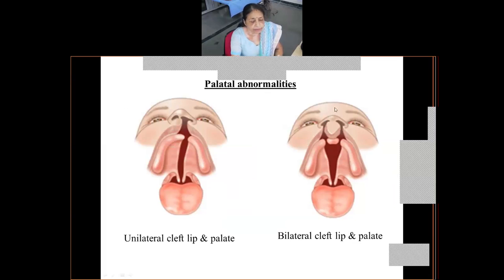And sometimes there will be bilateral cleft lip and palate. In the palate there will be a median cleft, but actually it is the bilateral cleft lip, and here the nasal septum cannot fuse with the palatal shelves.